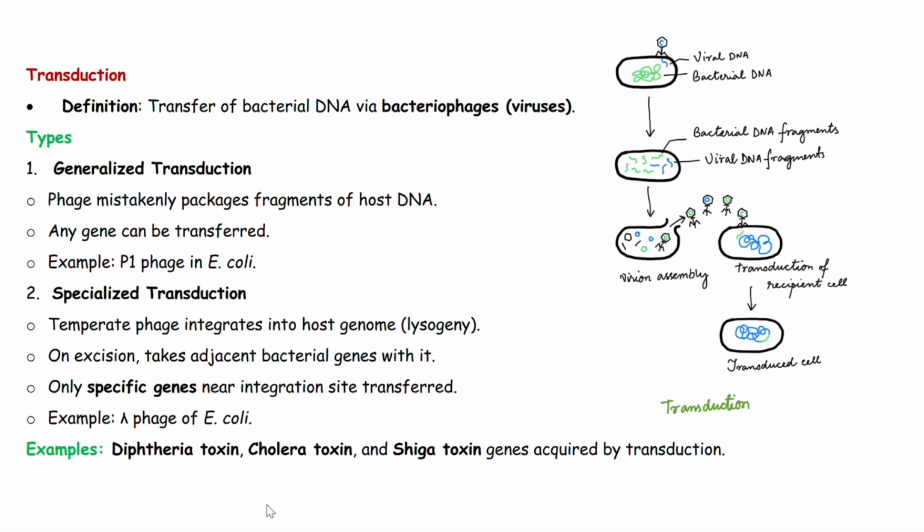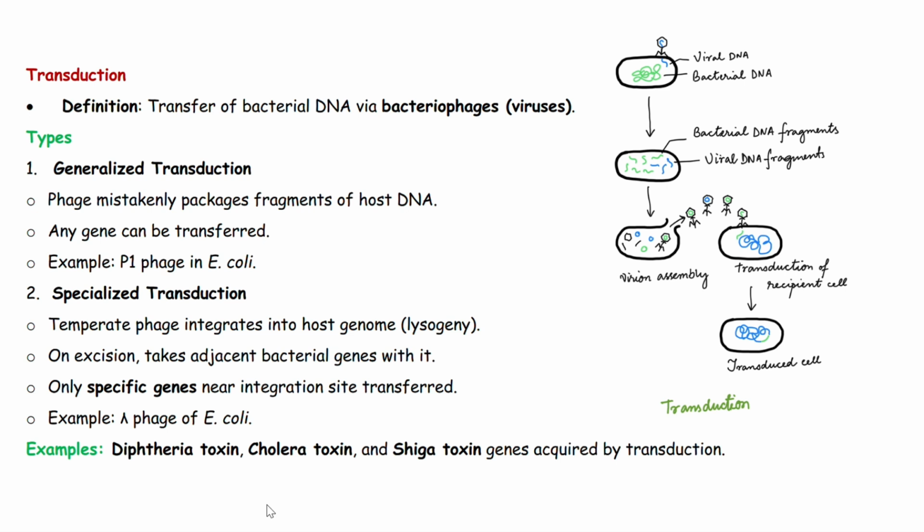Sometimes by mistake, pieces of bacterial DNA get packaged inside the virus instead of viral DNA. When that defective virus goes on to infect another bacterium, it injects bacterial DNA rather than viral genes. The recipient cell can then incorporate this DNA into its own genome.